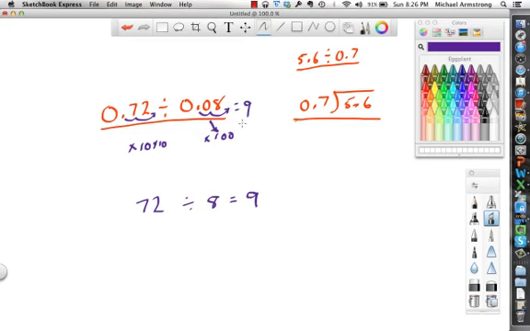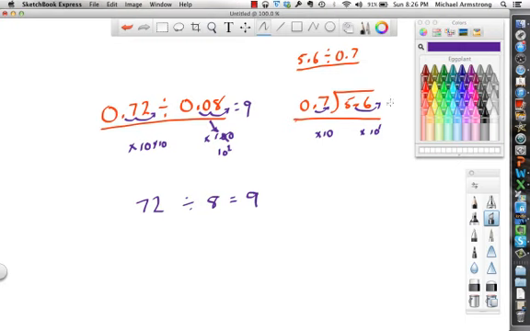Okay? Now, this one, we're going to move the decimal as well. This time it only needs to be moved one place. And we're still going to multiply by 10, or we're going to multiply by 10 to the first power. Okay, it just depends on, we could have written this one as 10 to the second power, and we just need to make sure we understand that 10 to the second power is 100. It's 2 powers of 10.